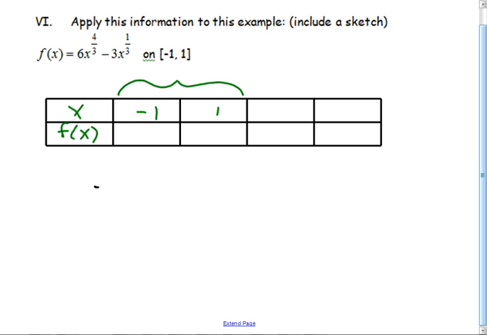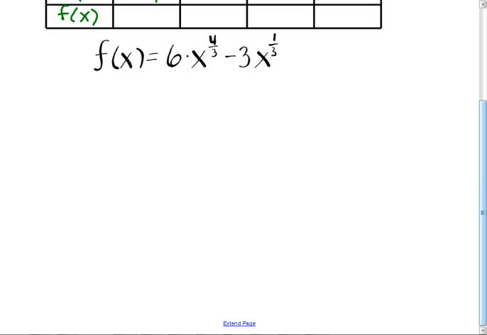I'm going to rewrite it here. f of x equals 6 times x to the 4/3 minus 3 x to the 1/3. Easy to lose parts. I lost the 3 partway through the problem. Not a good thing. Okay, so what's the derivative? I'm going to do little pieces.